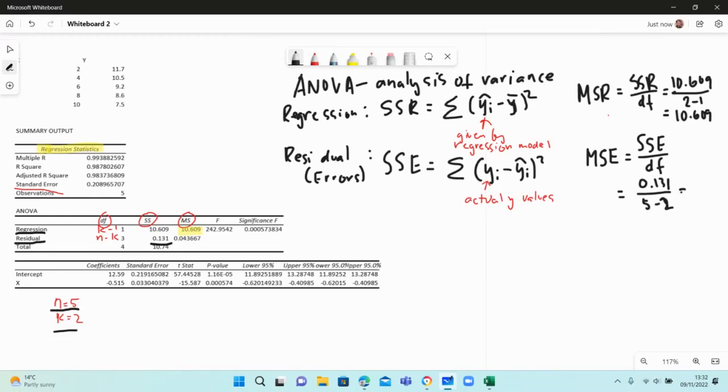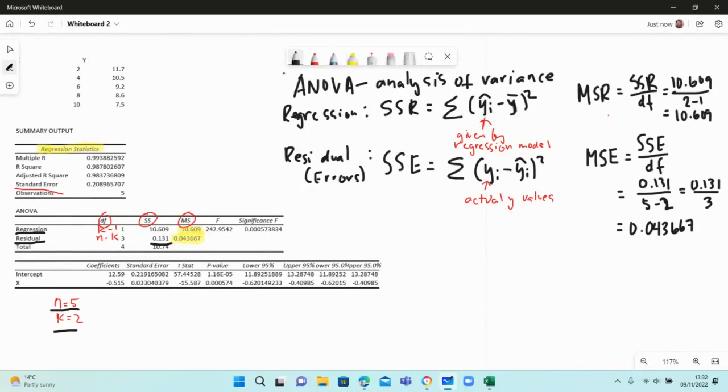And so when you carry out the operation, you have 0.131 over 3, and this is just equal to 0.043667, which you can see in the second panel of the summary output.